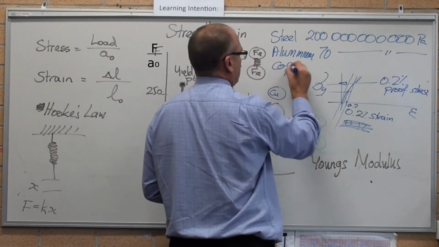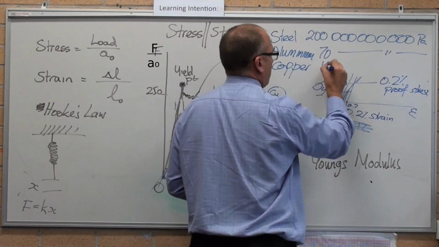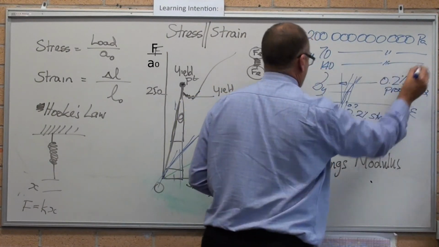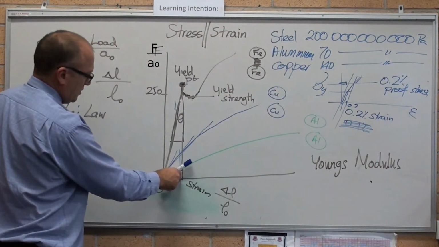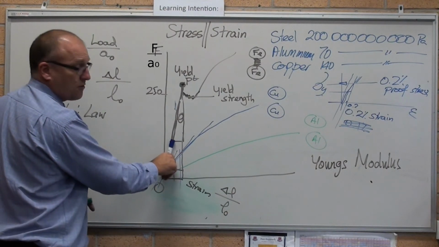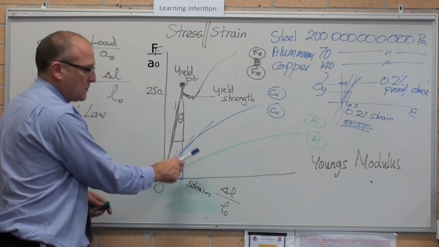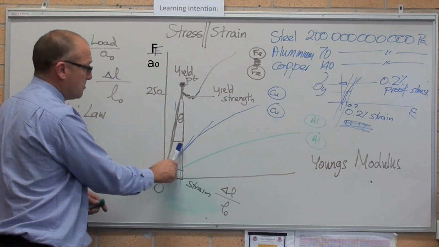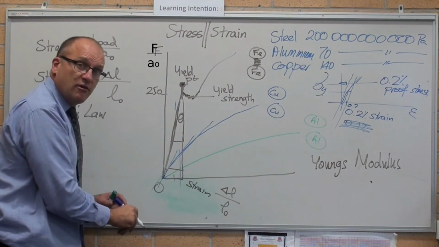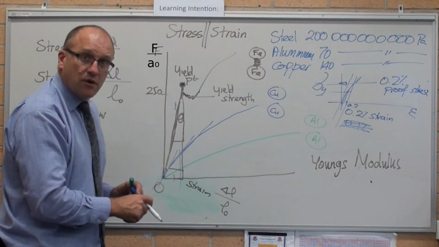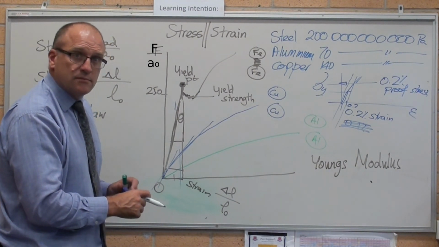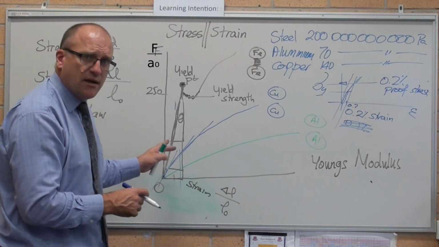Copper is 140 gigapascals. And notice the slope of those lines. 1, 2, 3. 70, 140 is twice as much, 200 is close enough to 210. So we've got three different slopes there. That's essentially elastic behaviour of metals.